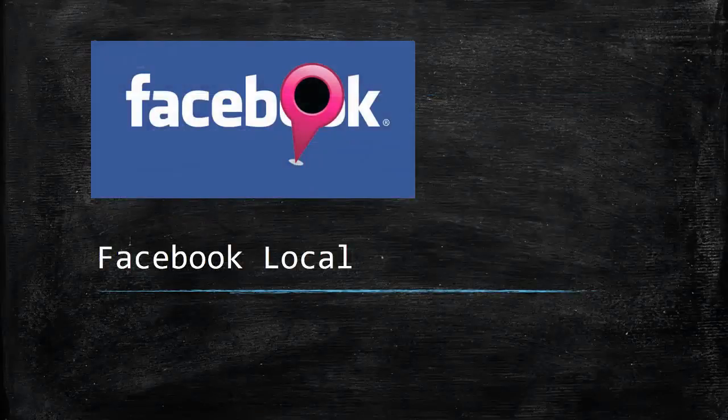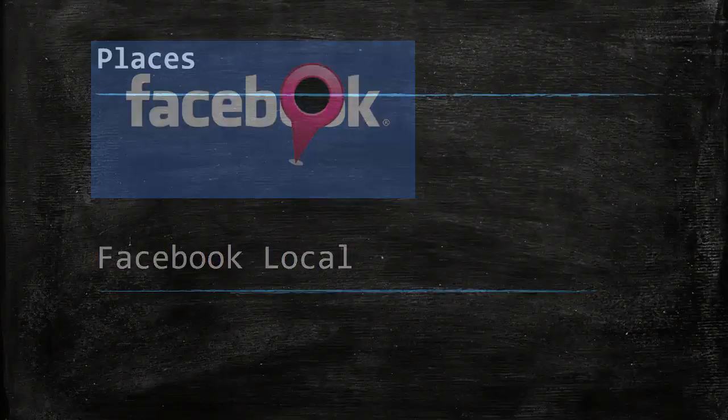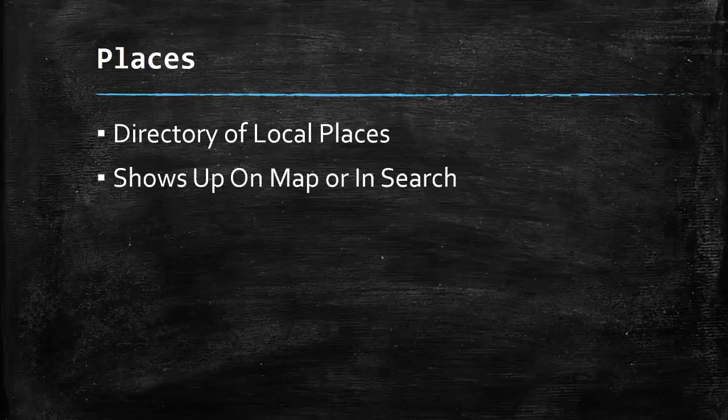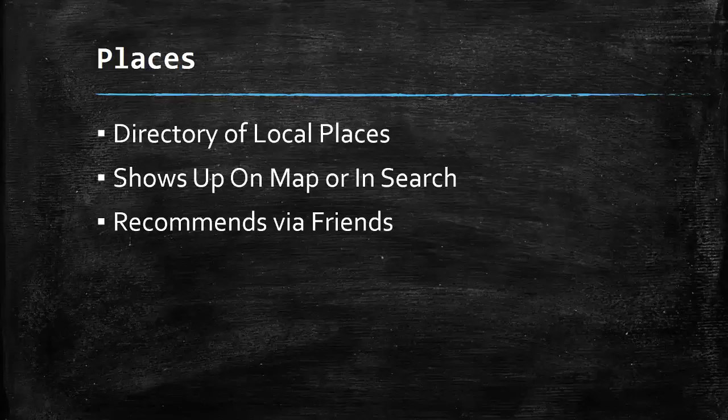Okay, so let's talk a little bit more about Facebook Local. There are a few components, and the first one is the places. This is a directory of local places. They show up on the map or in search when someone's on the app and they're looking for it. The places also show up when there's recommendations from friends. So if somebody recommends something to a friend, it could pop up in a search or it could pop up in a news feed.